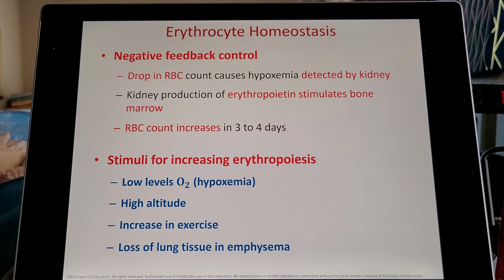Other stimuli for increasing red blood cells are low oxygen levels. If your tissues aren't getting what they need, we make more carriers. High altitude is basically another low oxygen situation since the air is thinner there and not able to have as much oxygen.